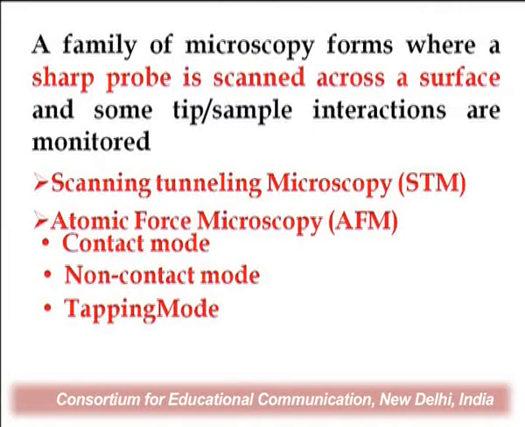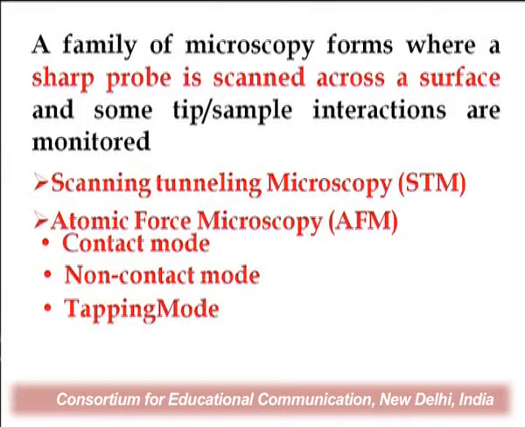On the basis of that, there are various methods or processes that come under scanning probe microscopy. The most important method is scanning tunneling microscopy, abbreviated as STM. Another method is atomic force microscopy, that is AFM, which is also a part of scanning probe microscopy.